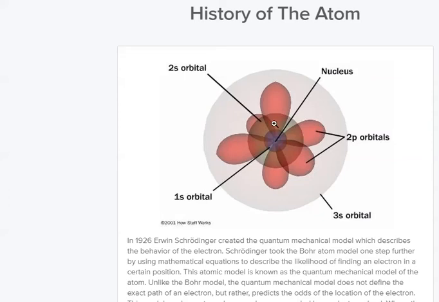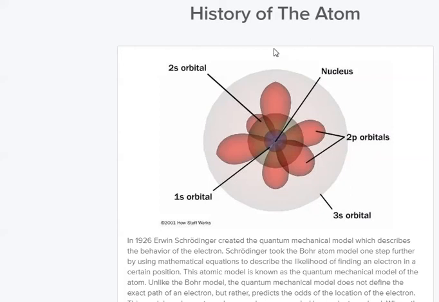Now for each atomic orbital, there's a certain region. So there's a possibility that one electron will be found here or another electron will be here. So this totally changed the way we see atoms and how to find electrons in them.